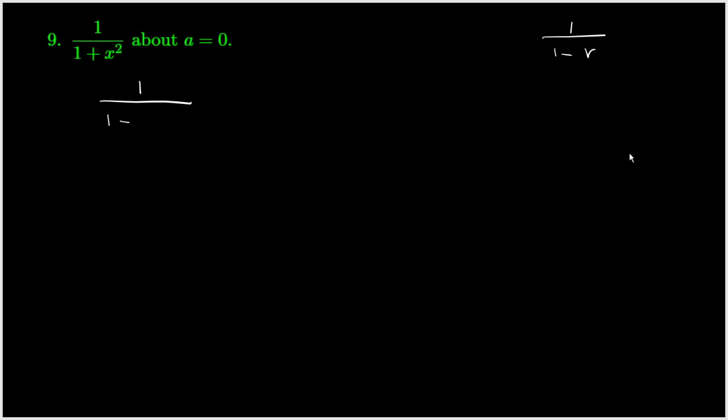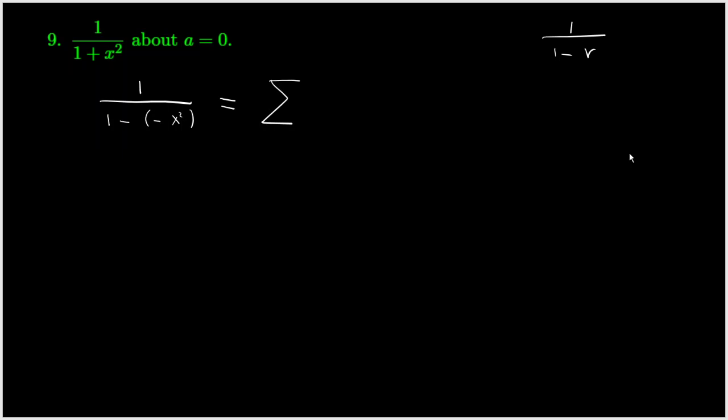So you are going to have minus negative x squared. Right, you see your r is negative x squared. As long as you see that, then we are ready to represent the function as a power series.